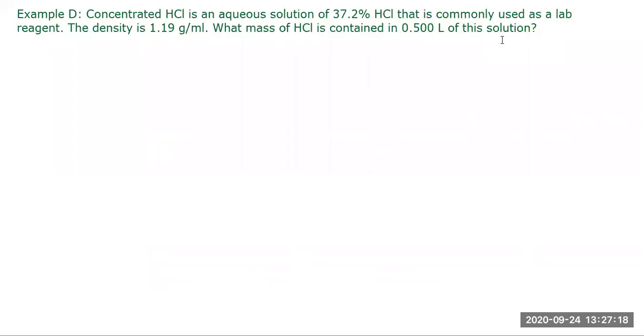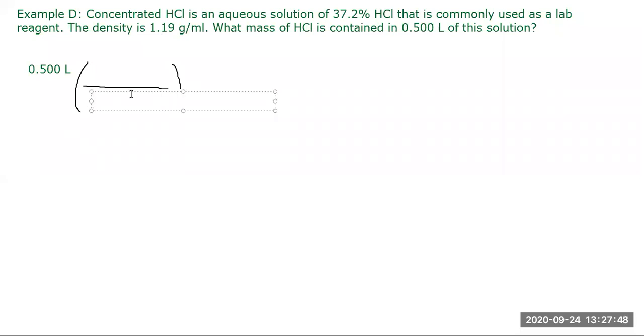Okay. So let's think about the quantity that we have, which is usually a good place to start. 0.500 liters. Now, if I were to just use that, I don't have an easy way to convert between liters and a mass unit. Okay? But I do have some information that ties together grams to milliliters. Okay?